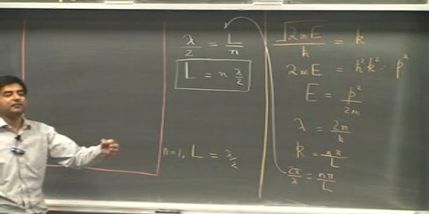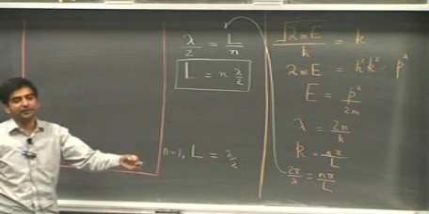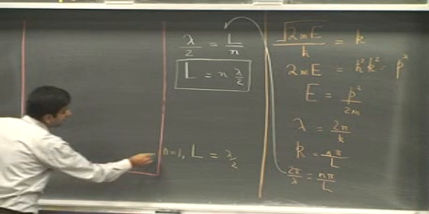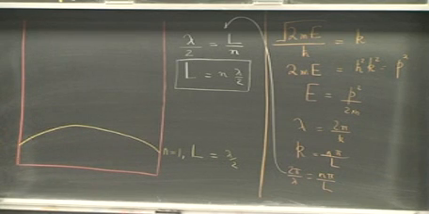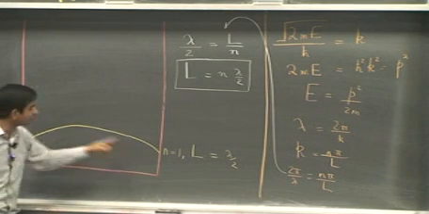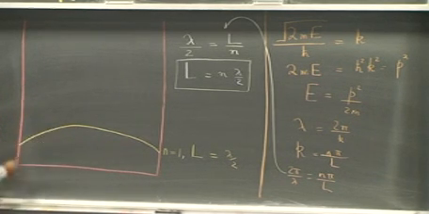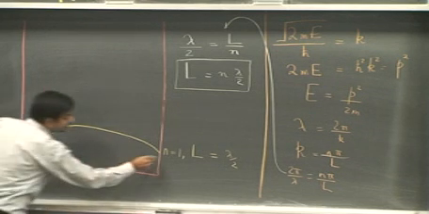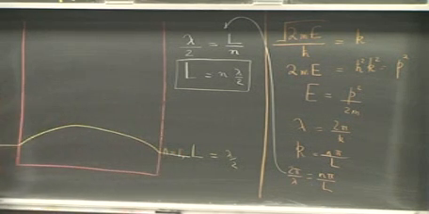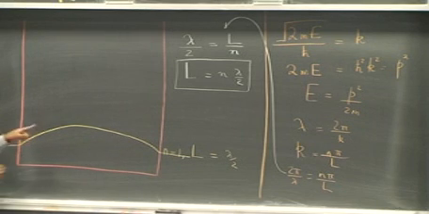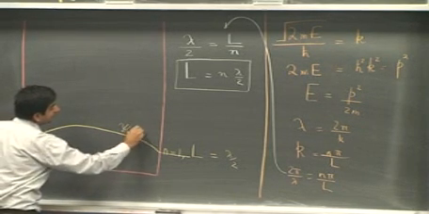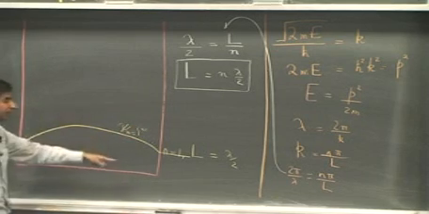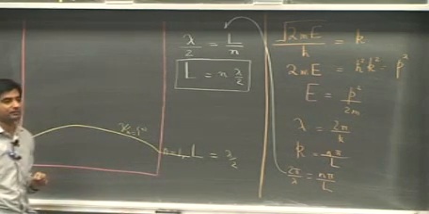This is the fundamental mode of the standing wave, and the wave function could be represented by this. There are only 2 nodes and 1 antinode, and the wave function is 0 outside in the classically forbidden region. So this is the wave function for n equals 1. It's just a standing wave with n equals 1.